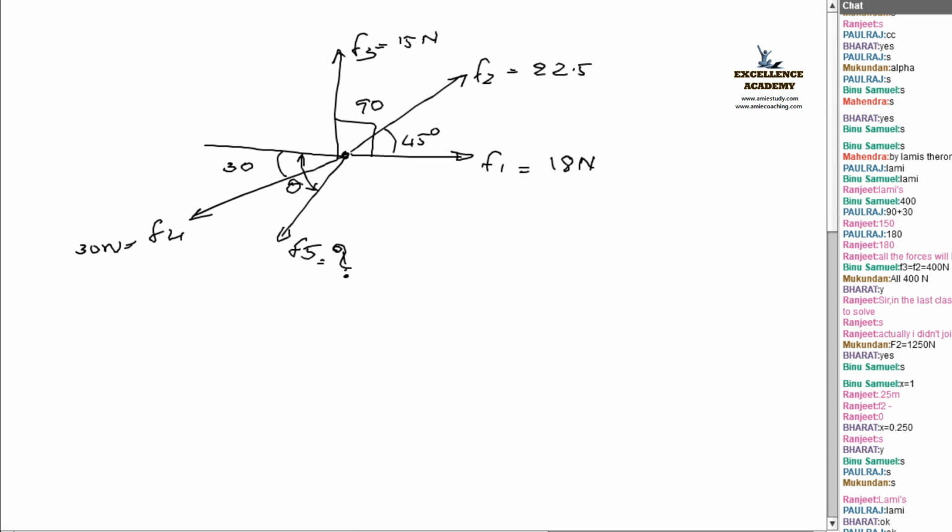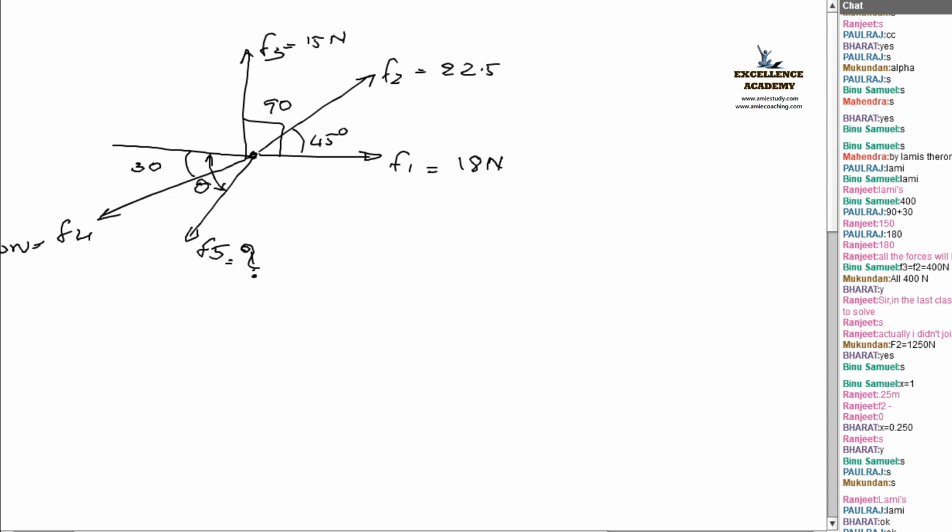So let us solve it by means of horizontal and vertical forces. First of all, I am going to get sigma Fx equal to 0. So 0 equals, please help me, F1 plus, I take the horizontal forces. F1 is a horizontal force.